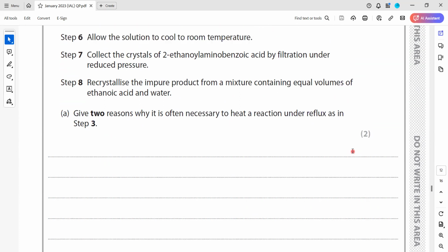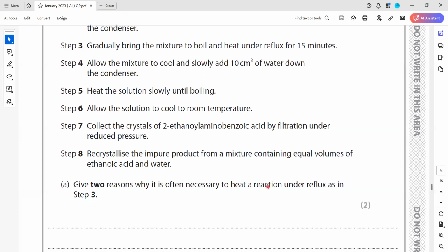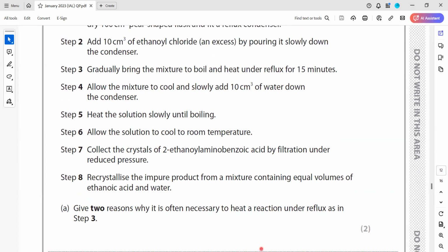Give two reasons why it is often necessary to heat the reaction mixture under reflux in step 3. So what usually happens when two substances react, the activation energy might be higher for them. So we want to make sure that they react completely. So two reasons why it is often necessary to heat under reflux.